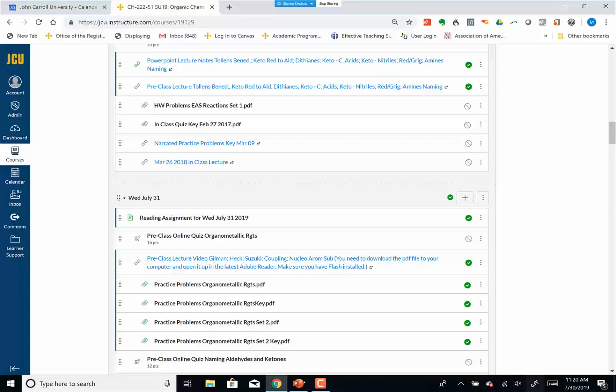That file, you download that file to your computer. It should open up in Adobe Reader, the newest Adobe Reader, but you also have to make sure you have Flash installed on your computer, and then it should read. So there is a video PDF file. This is a video PDF file.